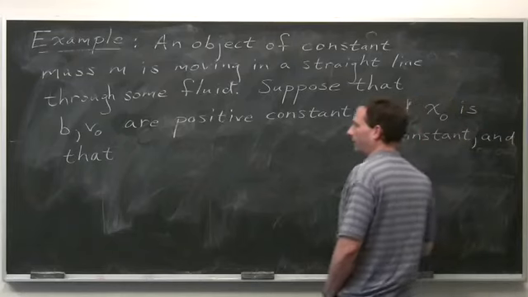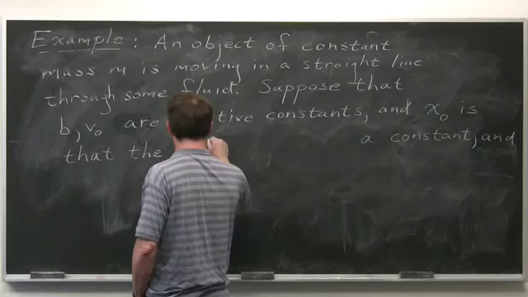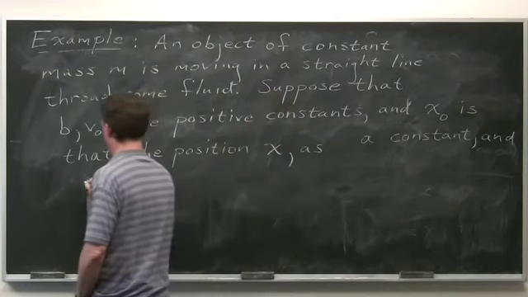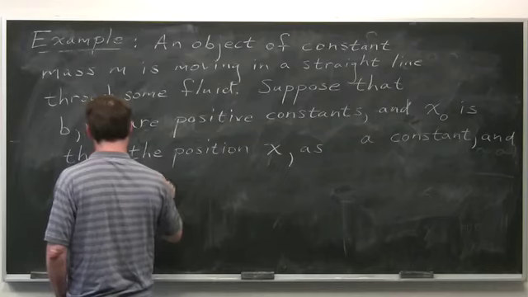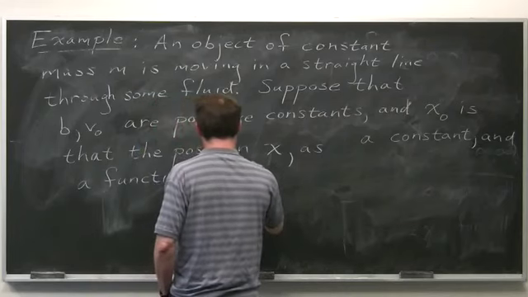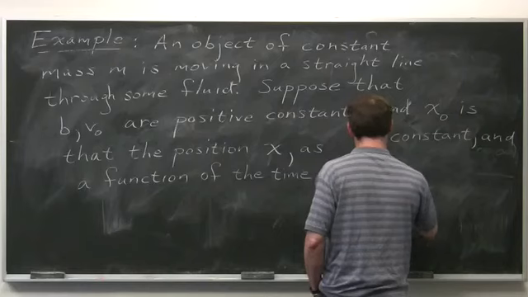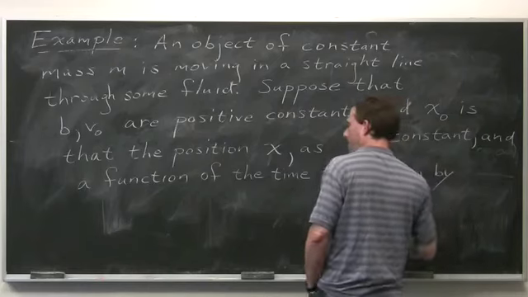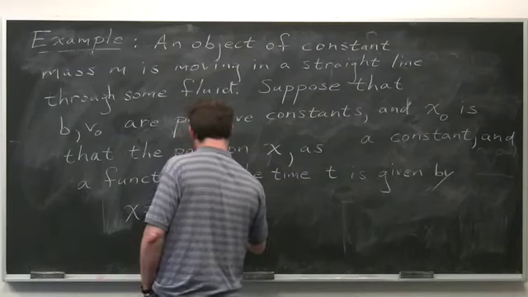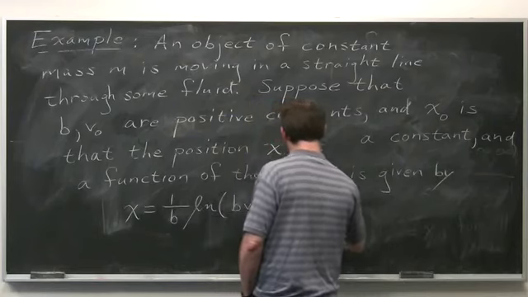And that the position x as a function of the time t is given by x equals 1 over b times the natural log of b v naught t plus 1, plus x naught.